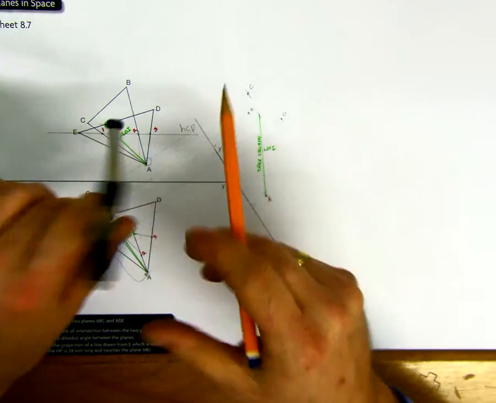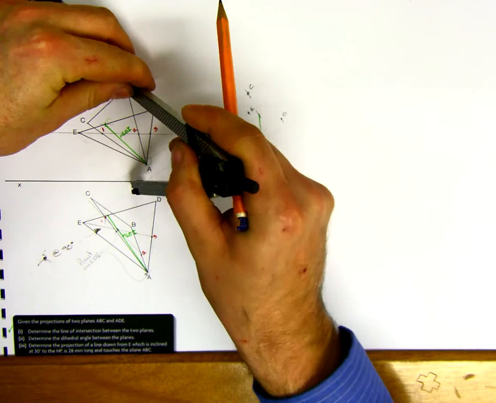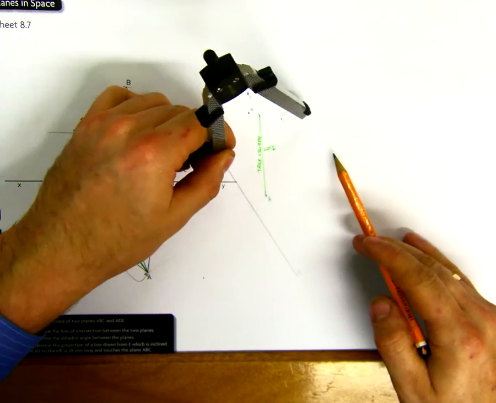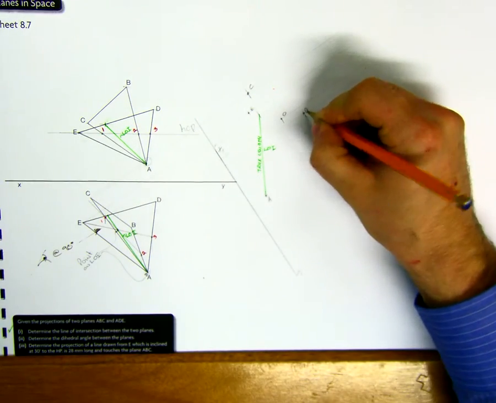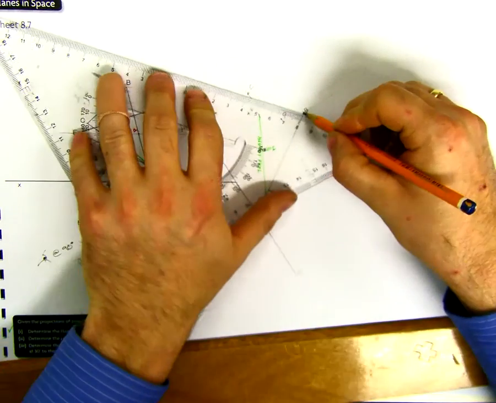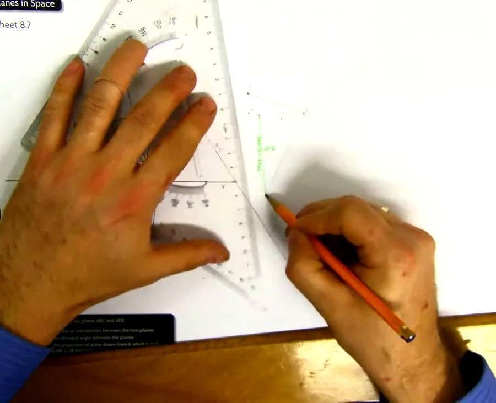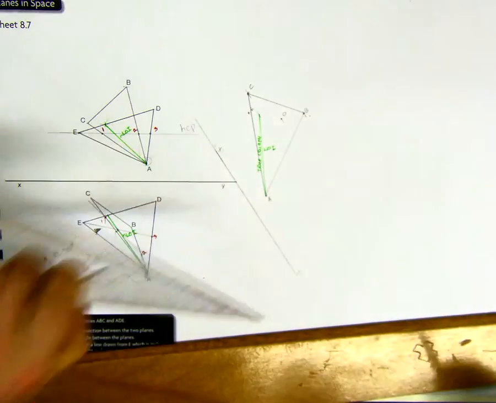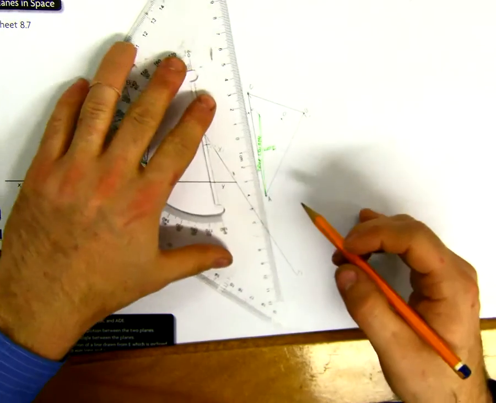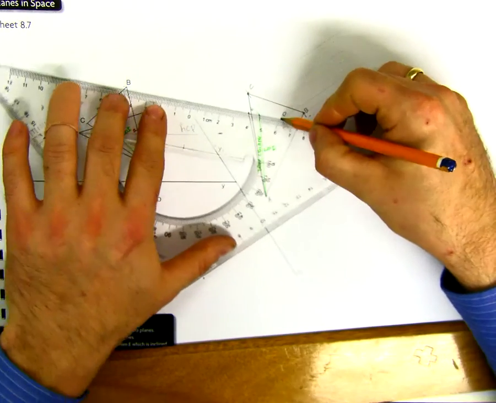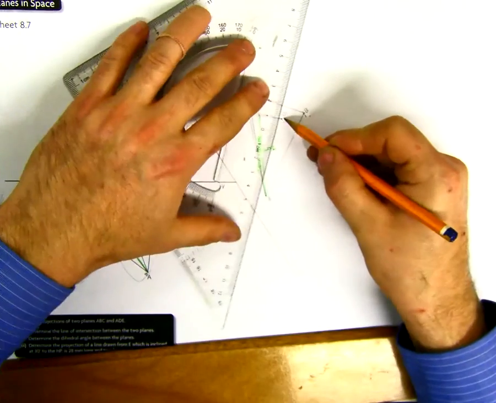So we have A, the only thing we're missing is B. So we can join them back together. So A goes to B. B goes to C. And C goes to A. A goes to E, and D goes to E, and A goes to D.